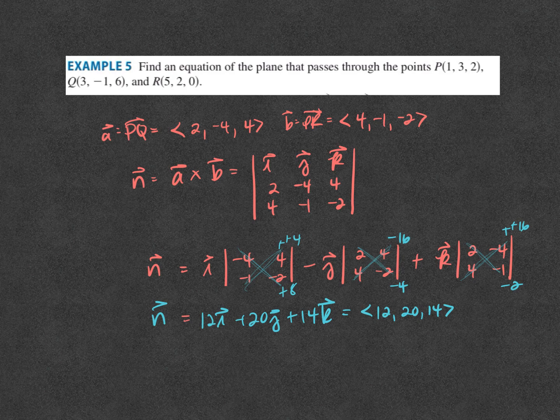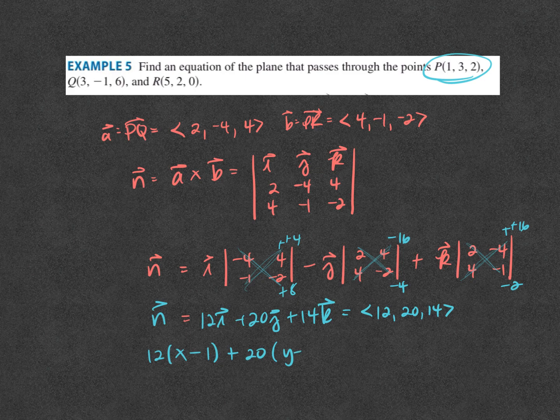All right, now we're supposed to find the equation of the plane. I'm going to use point P. So we're going to say the normal vector is 12. So we have 12 times x minus our p value of 1, our x sub 0, plus the second component, b, is 20.